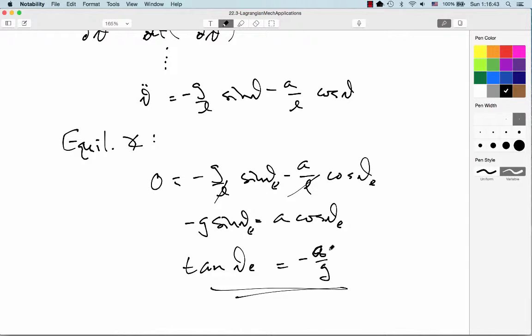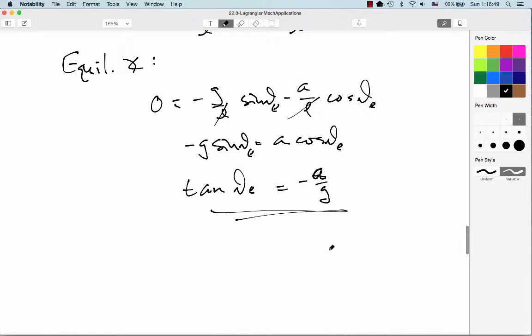Okay, so at this point, probably a coordinate shift makes sense. If we have a new equilibrium position, it probably makes sense to redefine our variables, so that's what we're going to do. We'll let our old theta be equal to theta equilibrium plus some angle off of it, eta.